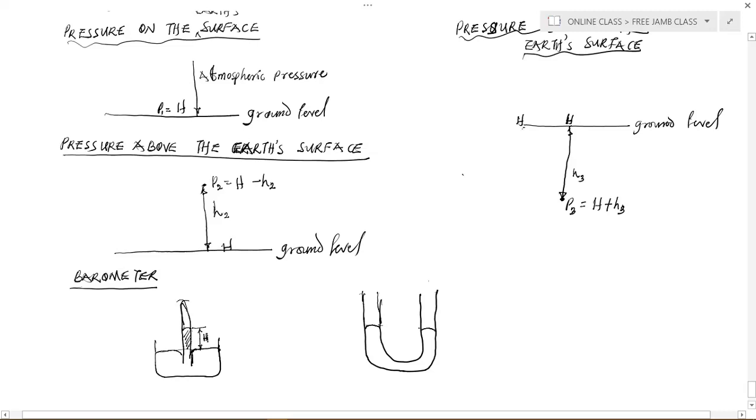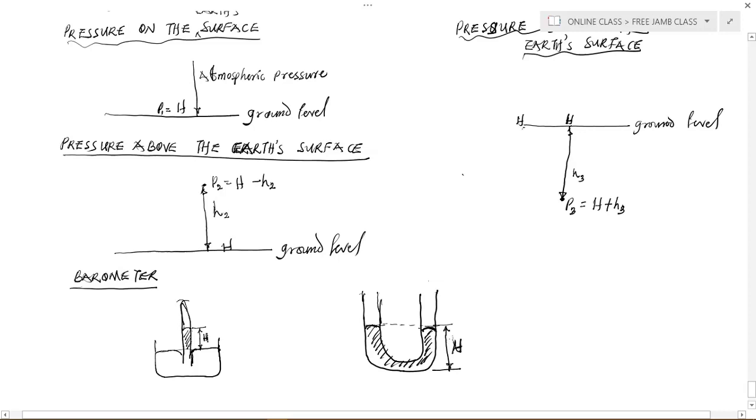The level you have here is what you have at the other side. And that will signify the height of the atmospheric pressure without any influence. This height you get here is the atmospheric pressure. So let me put capital H there.